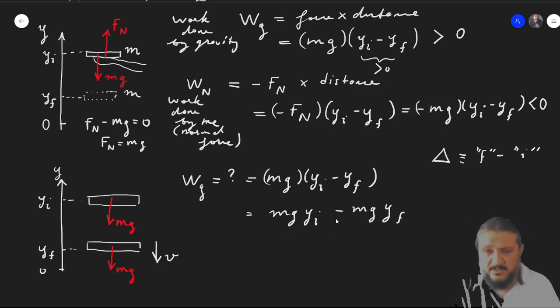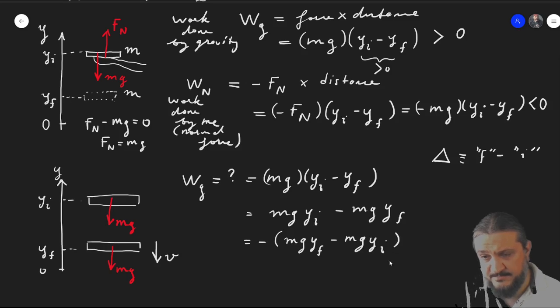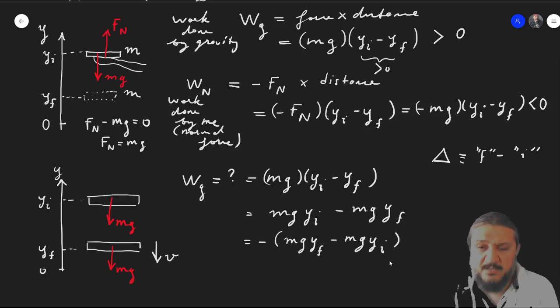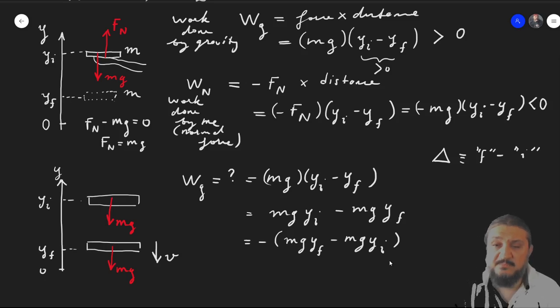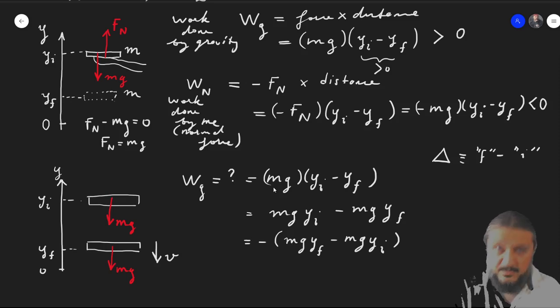We can change the order by pulling out a negative sign. So it'll be negative mg yf minus mg yi. The second observation is that we have exactly the same object, m times g times y, in both terms. So if we give it a name, it's going to be simpler.